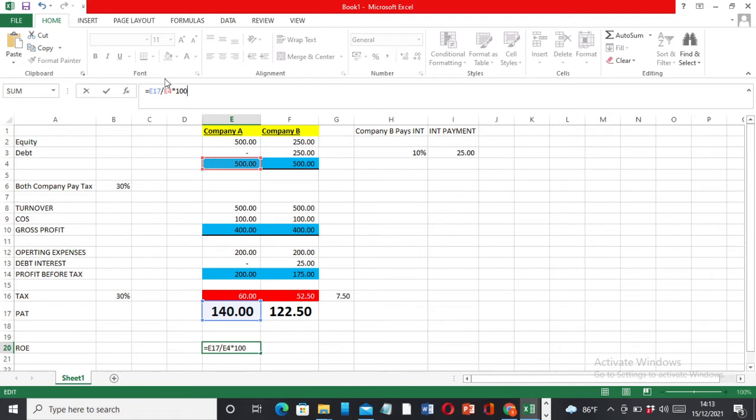That's 28%, which is not bad, right? ROE is return on equity. So ROE is how much the shareholders are earning for their capital invested.